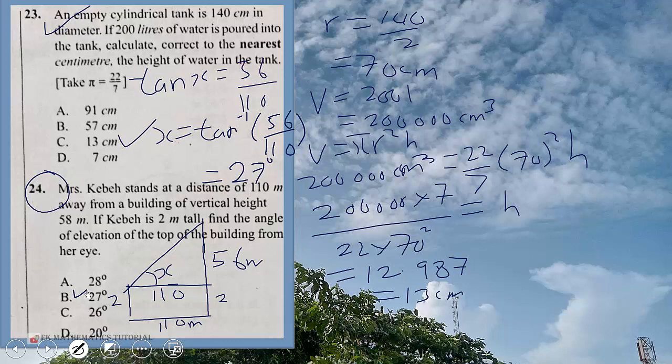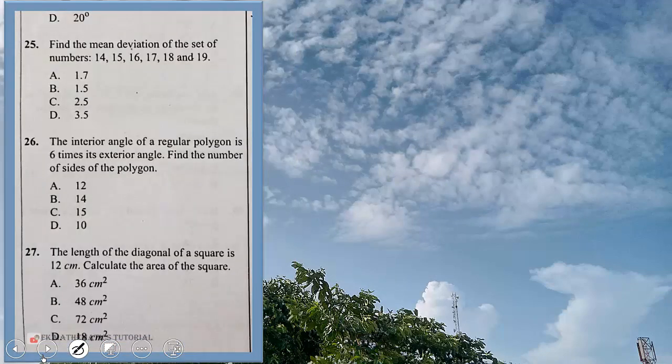Now let's move on to question number 25. We have to find the mean deviation of the set of numbers. Mean deviation will be equal to the summation of the absolute values of the deviations over n.